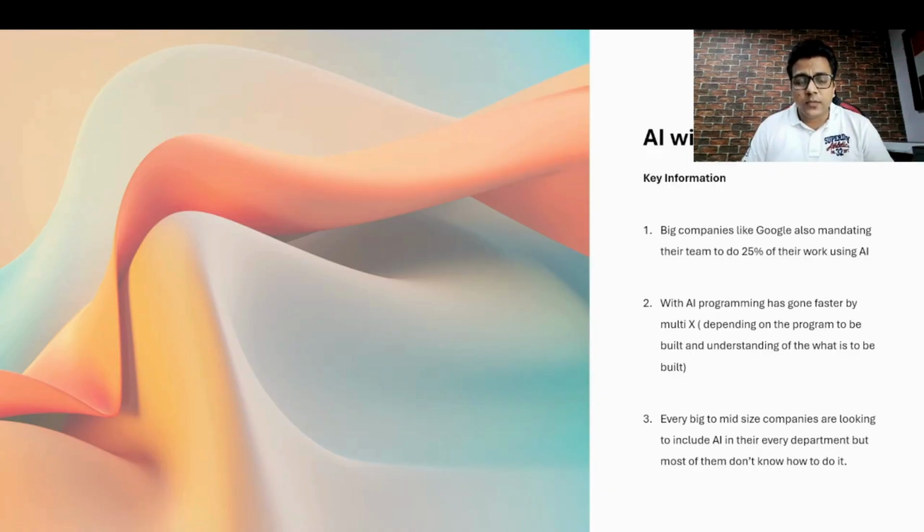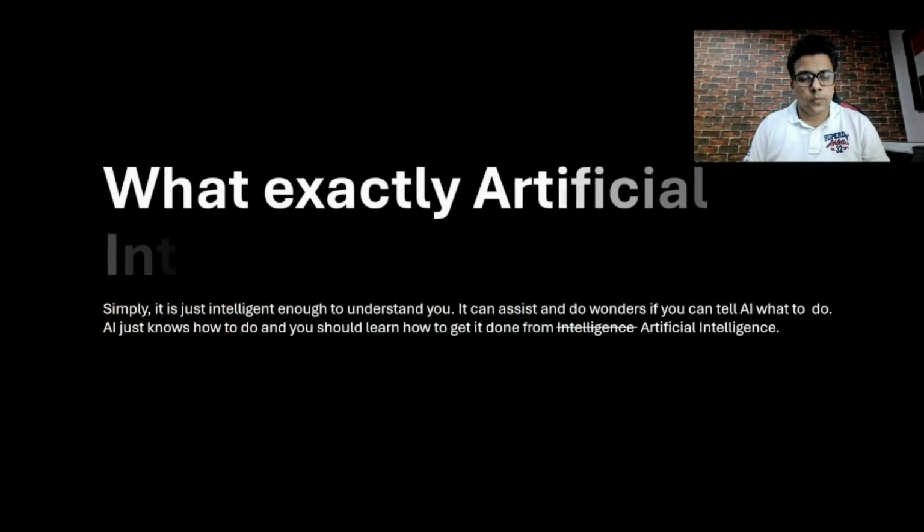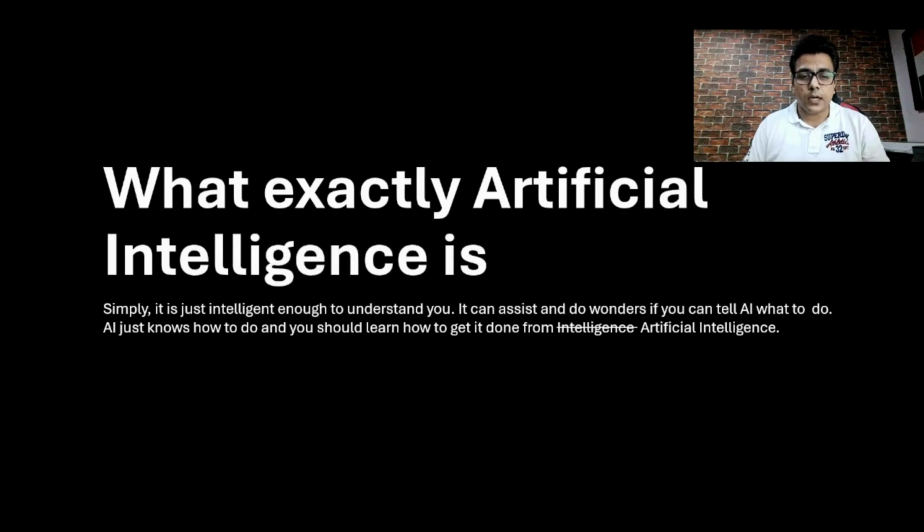And if you explore around yourself, every big and mid-sized company is looking to include AI in every department. Wherever they can accommodate AI, they want to include it. Though people still do not understand where and how they can include it, they want to include it. For the purpose of this course, what exactly is artificial intelligence?